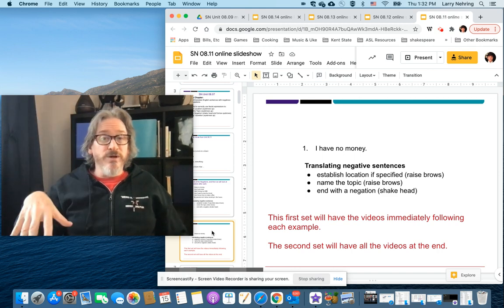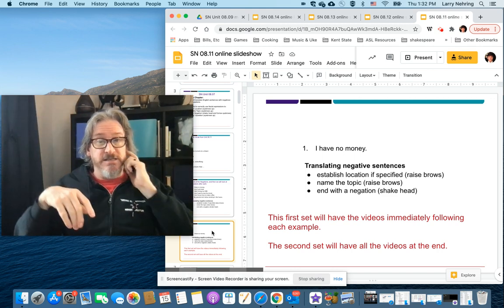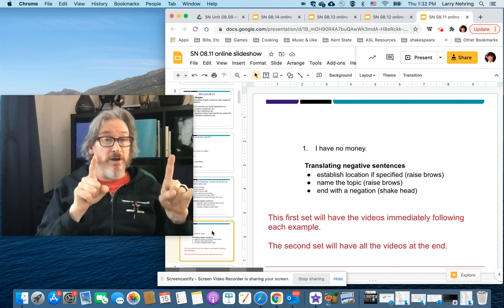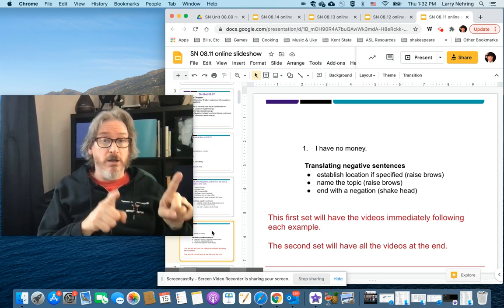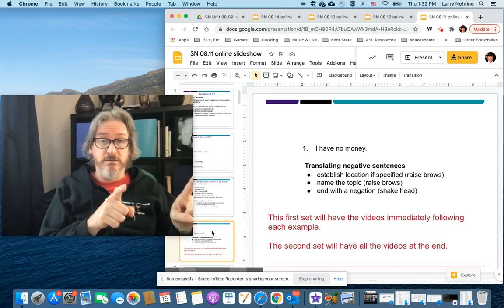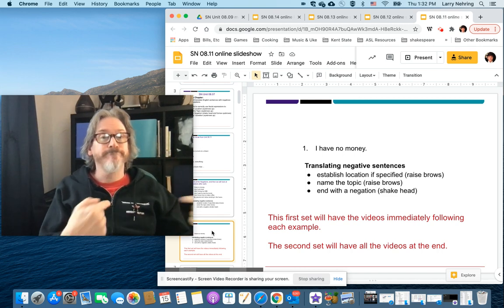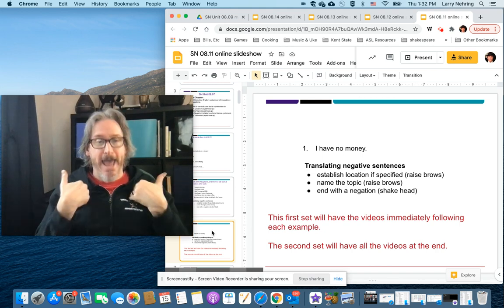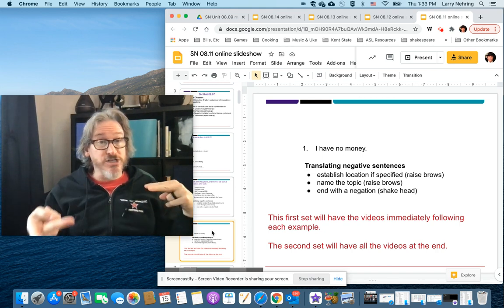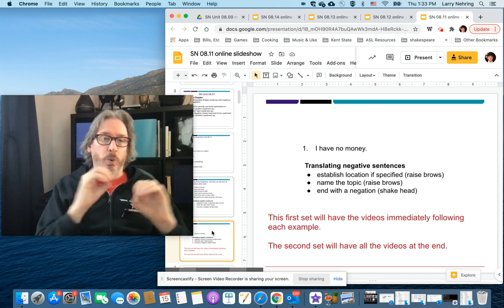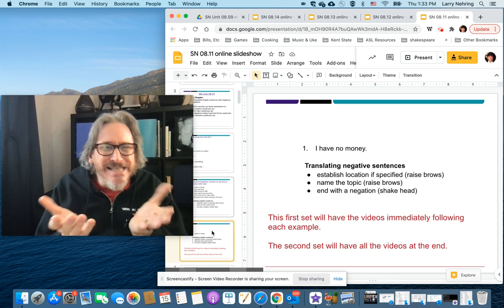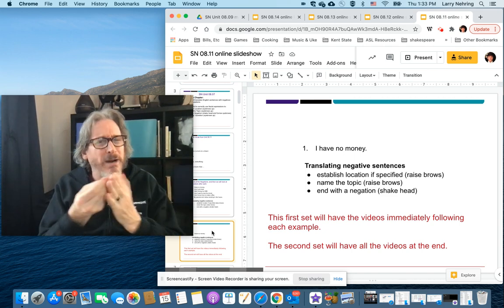So what I'm doing with this first set of sentences is, you've got the sentence, and you're going to start with, how do I say the positive version of this? I have money. Right? Or money, I have. Then you just flip it to negative. Since it's just two signs, you can go no money.